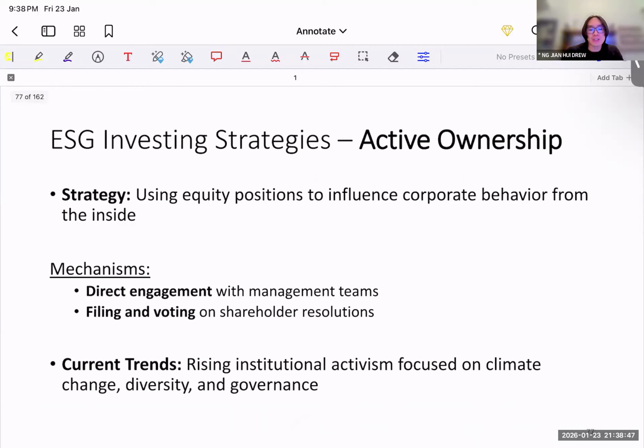In terms of the last strategy, which is active ownership. What does this mean? If I invest in a company, right? I use my influence in terms of voting rights because I'm a large shareholder to influence the direction of the business, maybe even directly engage the management team, the chairman, to focus on certain topics that are important to me, right?